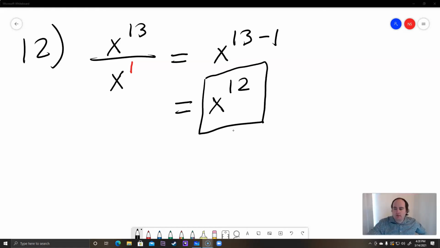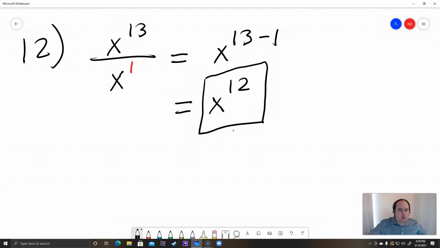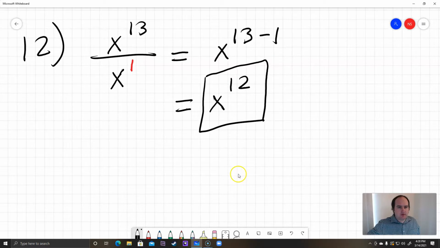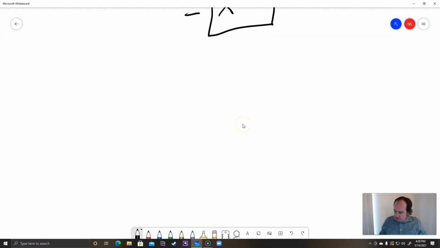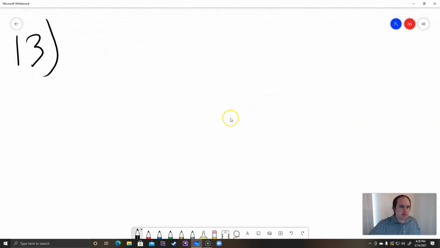Pretty cool, huh? Okay, so what we're going to be doing next is combining all these rules together to try some more challenging problems. So let me skip ahead in your homework here and try to do something a little more difficult. So example number 13 has a bit more stuff going on.